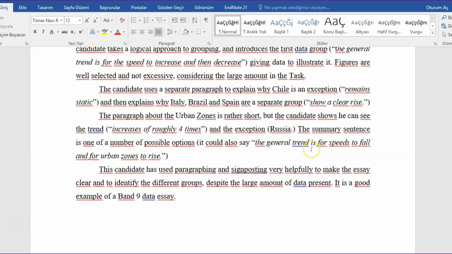We can say the general trend is for speeds to fall and for urban zones to rise.